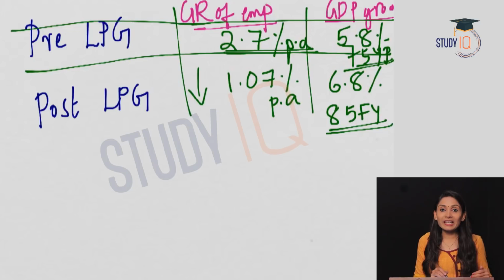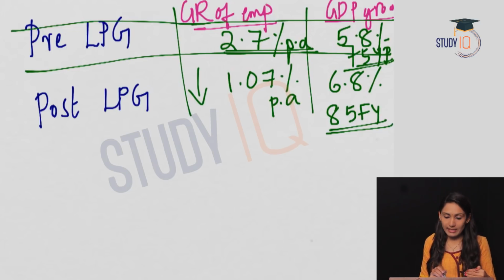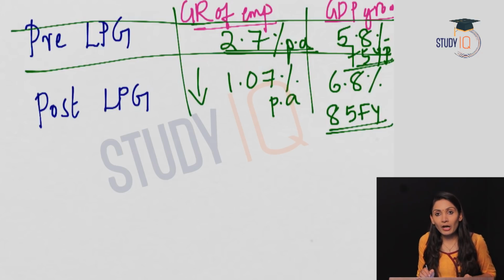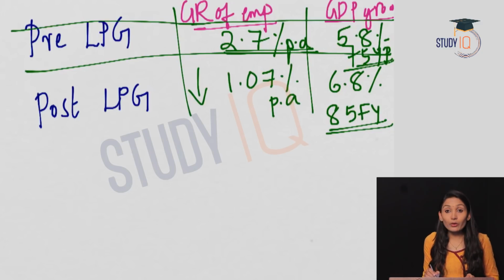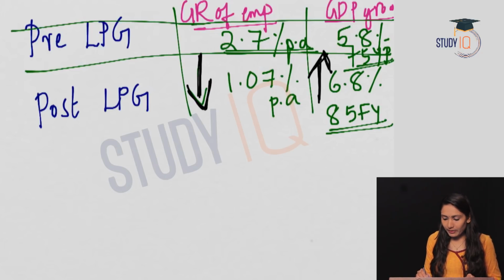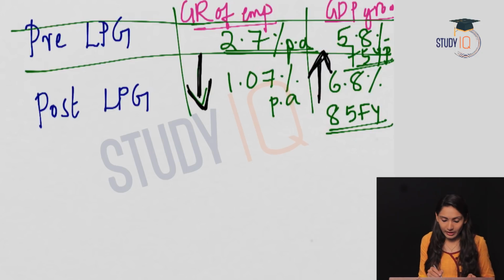Coming to the period soon after the adoption of liberalization, privatization and globalization, or the reforms, the growth rate in employment came down to 1.07% per annum and the GDP growth rate increased to 6.8%. Here you will see that the growth rate in employment has come down but the GDP growth has gone up. So here also we will find a mismatch between the growth rate of employment and the GDP growth rate.